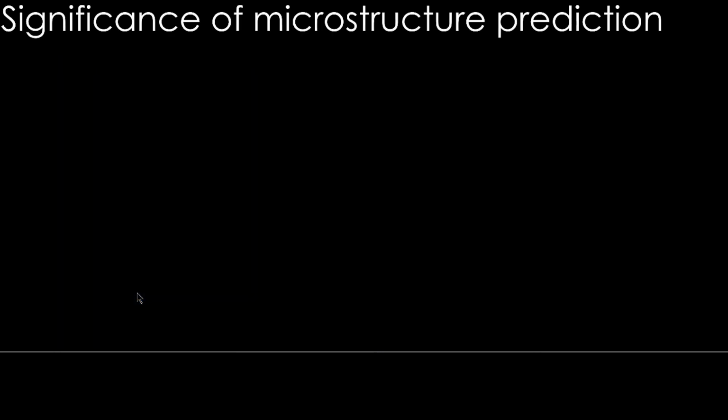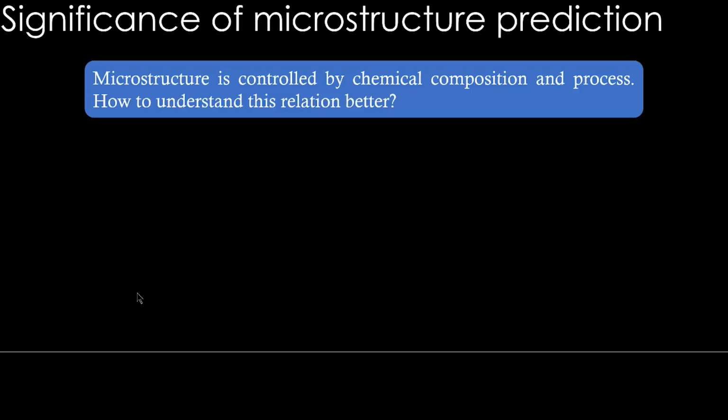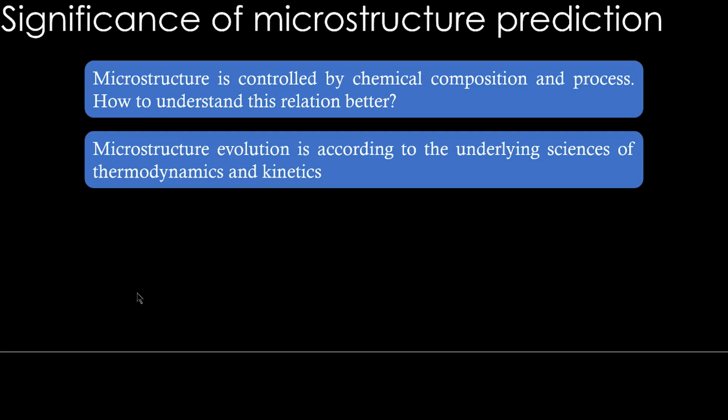What about predicting the microstructure without actually doing the experiment, figuring out the microstructure, and seeing its effect? How do we predict the microstructure without doing experiments? Now we know that microstructure is controlled by chemical composition and process. How do we understand this relation better? In this course, we will see that microstructure evolution follows the underlying sciences of thermodynamics and kinetics.